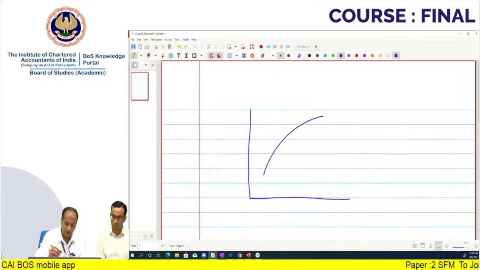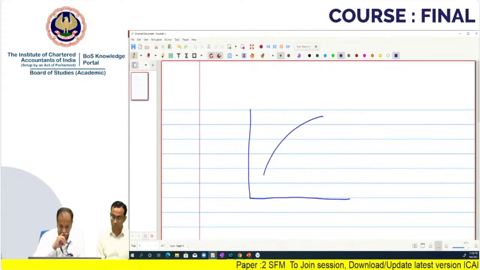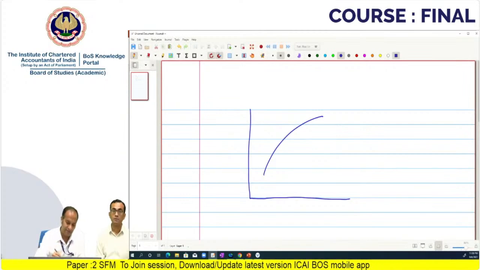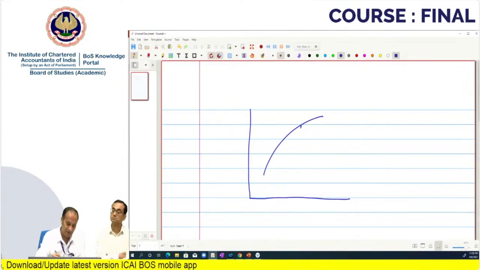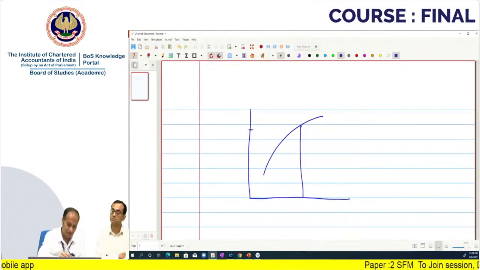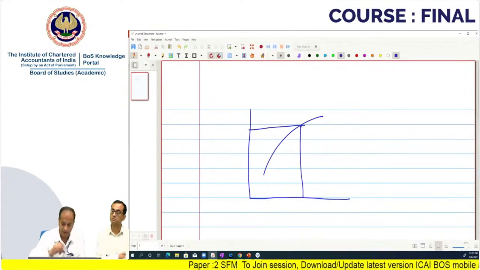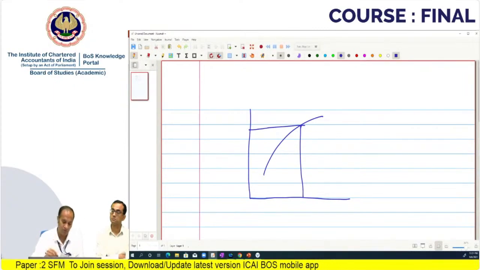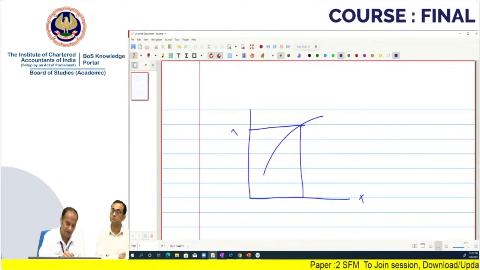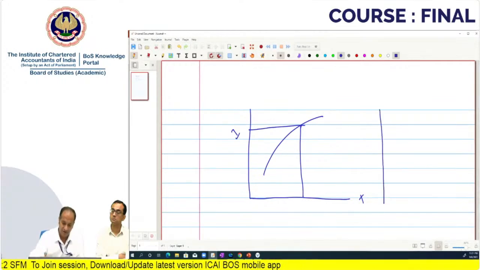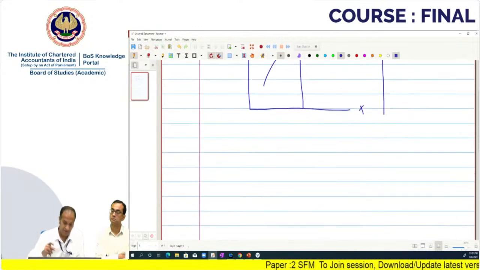Sorry, student. Earlier it was this one, rising with time. I think I have placed it wrong. With the passage of time, this is the proper one. I think I have reversed that and used the wrong figure.